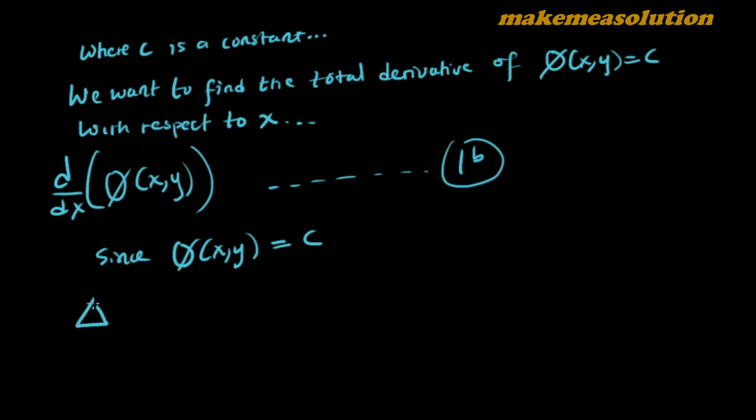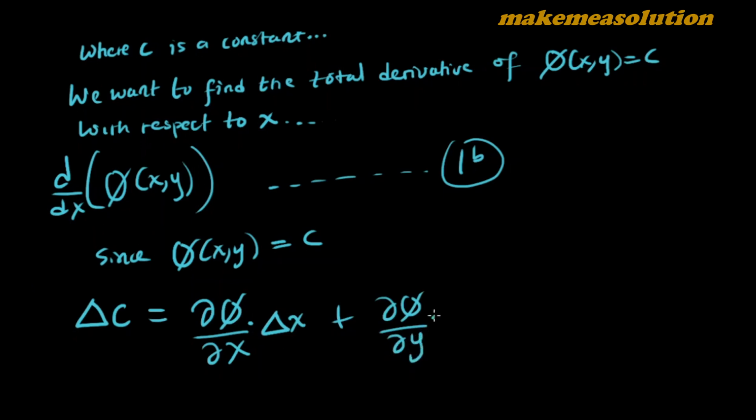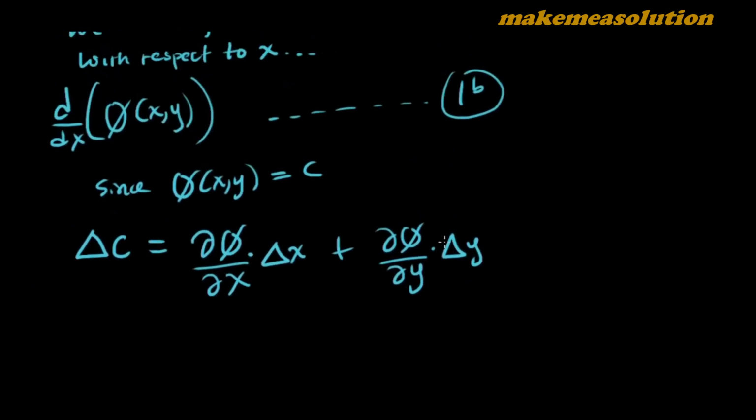For instance, if you consider a change in c, a change in c can be taken by the principles of partial differentiation as the partial derivative of phi with respect to x times the change in x, plus the partial derivative of phi with respect to y times the change in y. So this is our equation for determining a change in this particular function phi of x comma y.